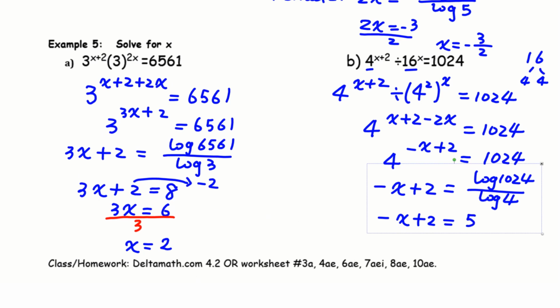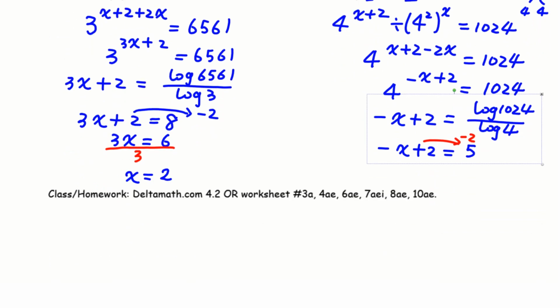Then we could move the 2 to the other side. It's minus 2, so negative x equals negative 3, equals positive 3. Then move the negative 1 to the other side, doing the division. x equals negative 3. Then this is done.